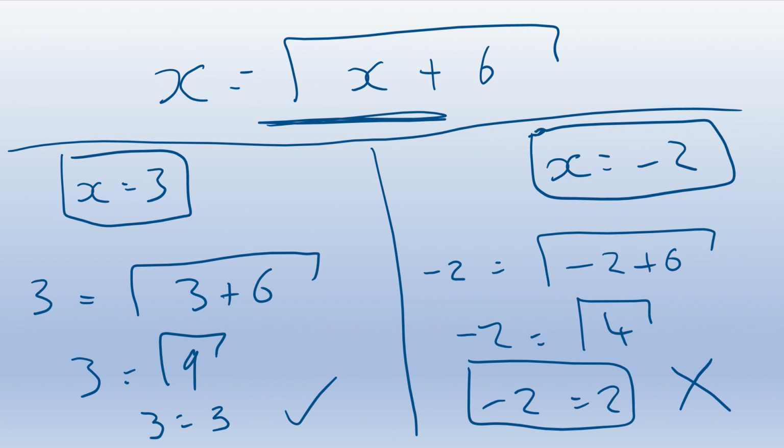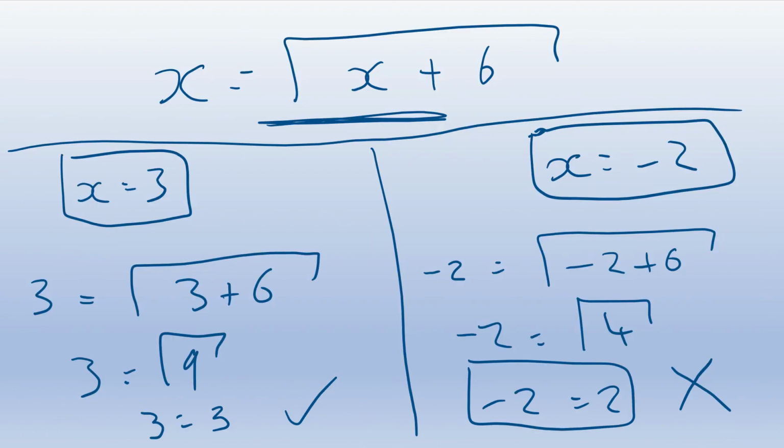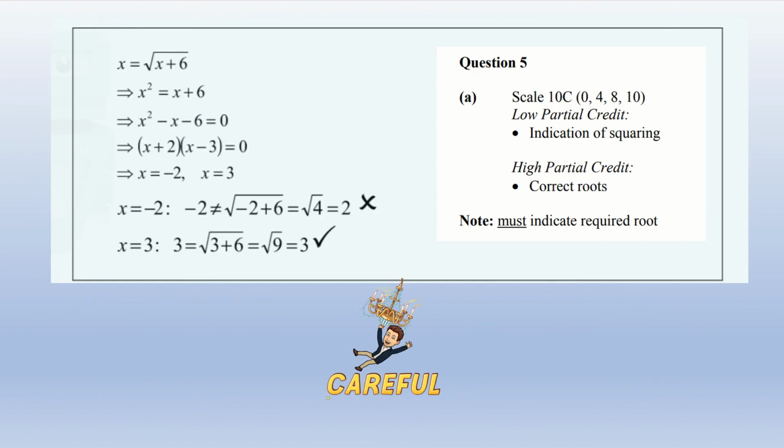So this question here, which is seemingly very innocent, it's just one step away from a quadratic really, had a little curveball at the end. You had to check your answers, especially when you're dealing with square roots, because one of those did not work. And if you have a look at the marking scheme, 10 marks going for that, but you were losing 2 marks if you only got your correct root.